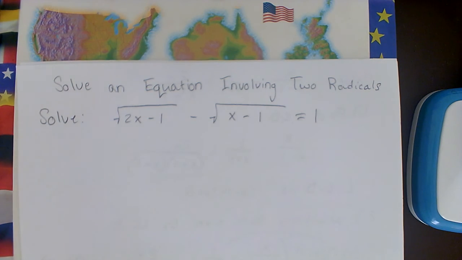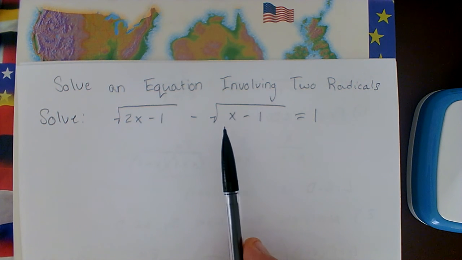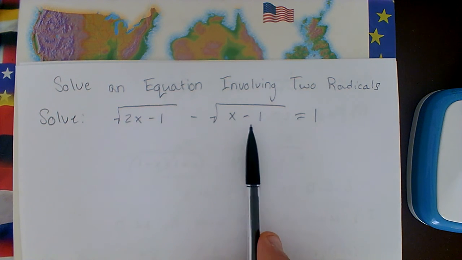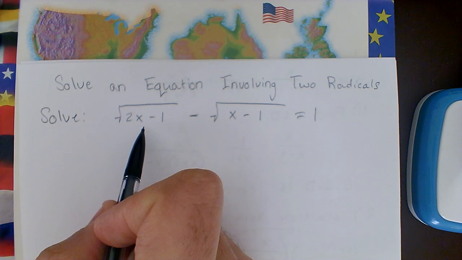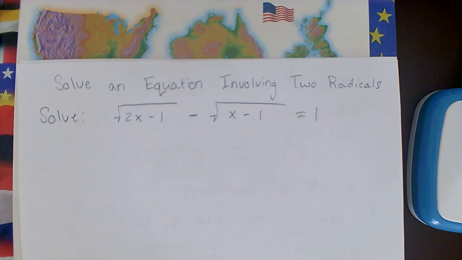Okay, first let me explain why this is different. In the last example, we only had one term with a radical in it. Here we have one term with a radical in it, square root of 2x minus 1, minus another term with a radical in it.